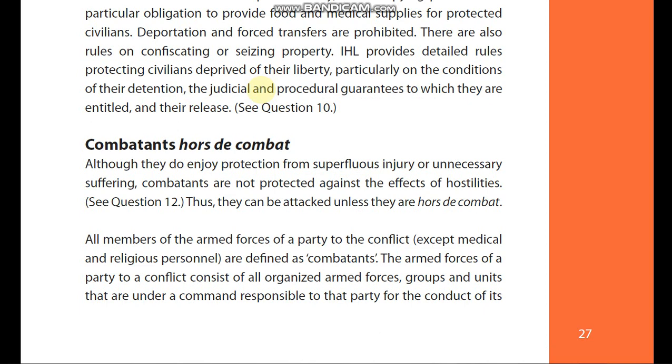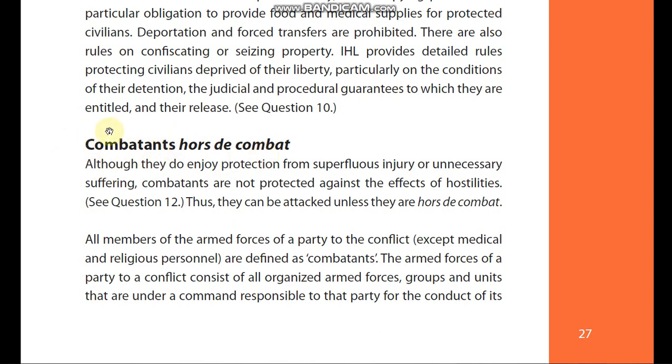But the combatant who is no longer able to fight, because he surrendered himself, because he is wounded, or because he is a prisoner of war, must be protected under the IHL. They have special protection since they are not taking part in hostilities anymore.